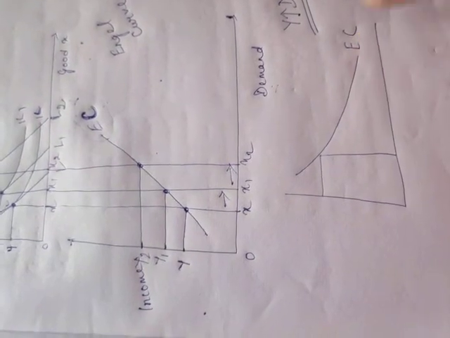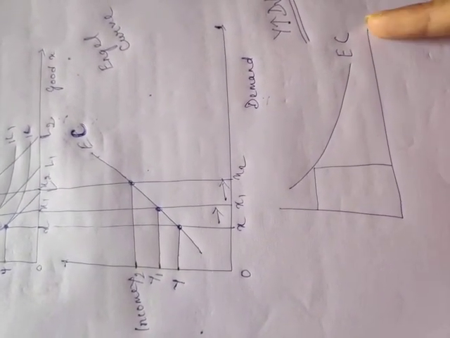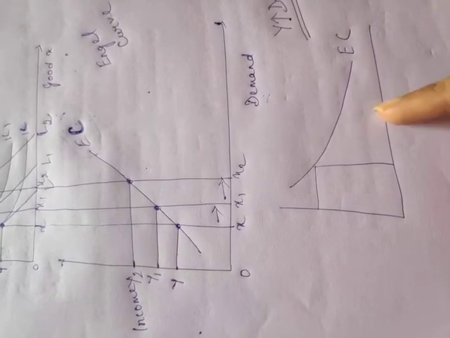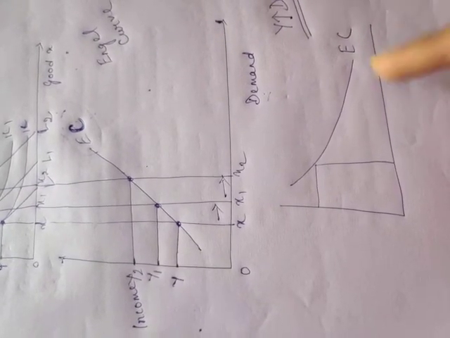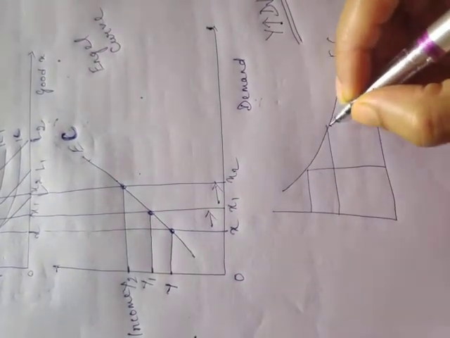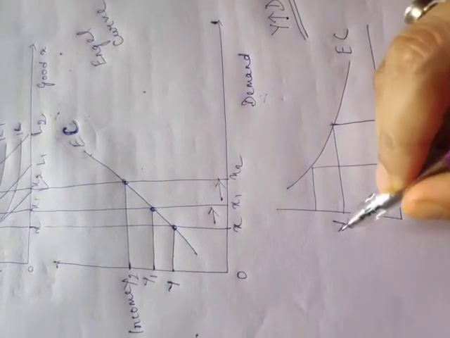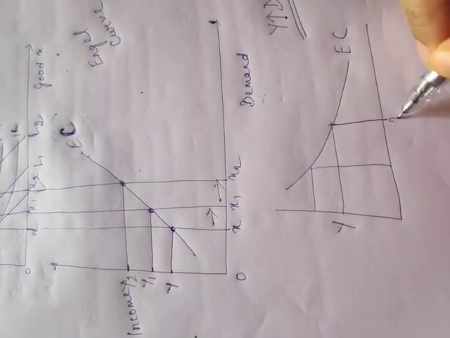Now, Engel curve will be a downward sloping line if the commodity is an inferior good. So, if the commodity is an inferior good, then with the increase in your income, the demand for the inferior good will decrease. So, suppose income earlier was this, so demand is this.